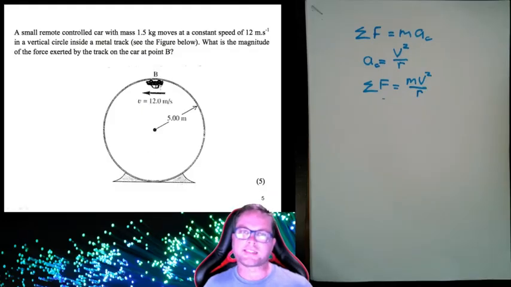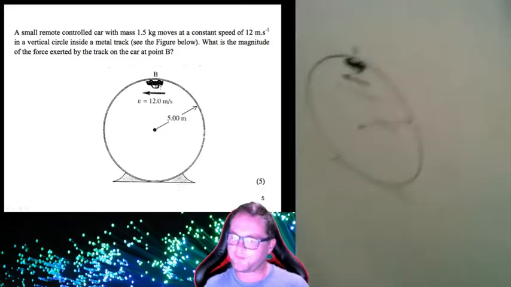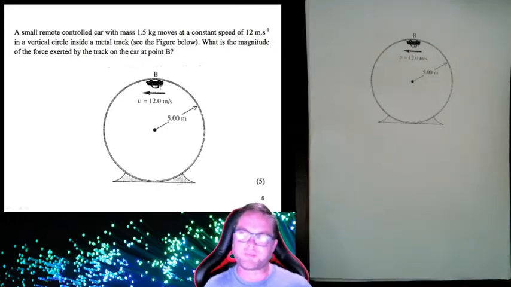Let's take a look at applying this concept now to solving a problem. The problem refers to a small remote control car with mass 1.5 kg. It's going with a constant speed of 12 meters per second in a vertical circle inside a metal track, as shown below.